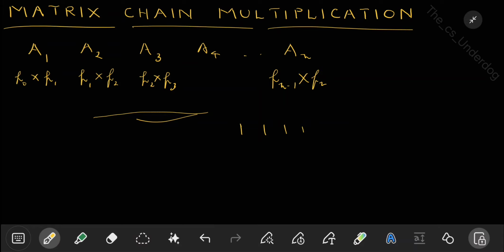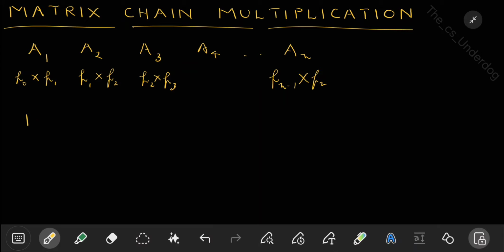That is, this certain criteria will always follow, that we'll break it into smaller problems. Problems will be such that they'll be repeating. What we'll do, we'll store the smaller results so that we don't have redundant computations. This is the basic of any dynamic programming problem. Let us see the algorithm that can be used.